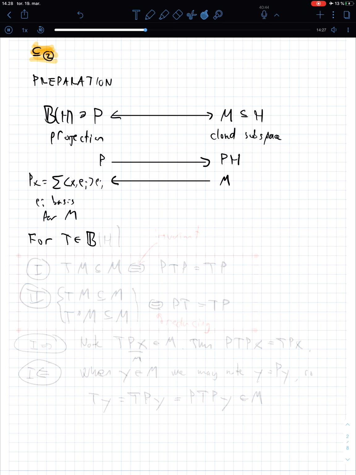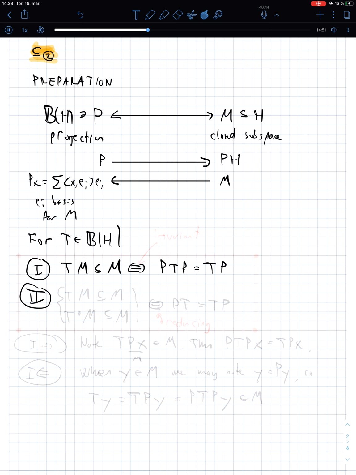So let's fix some operator T in B(H), any operator, and let me make two observations. The first one I'll call Roman I: TM is contained in M if and only if PTP is TP.